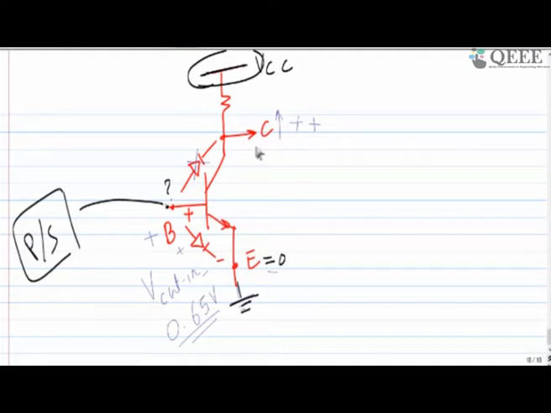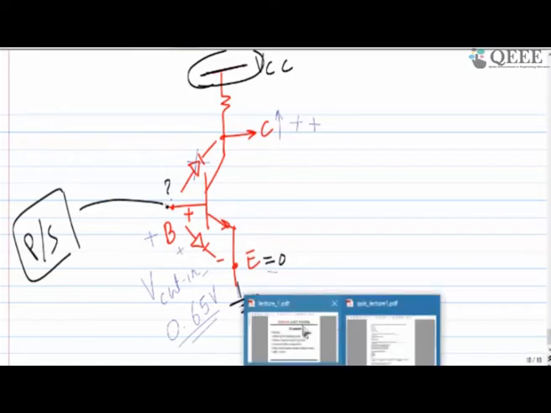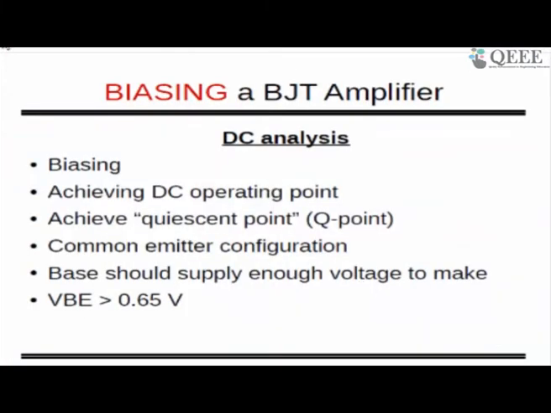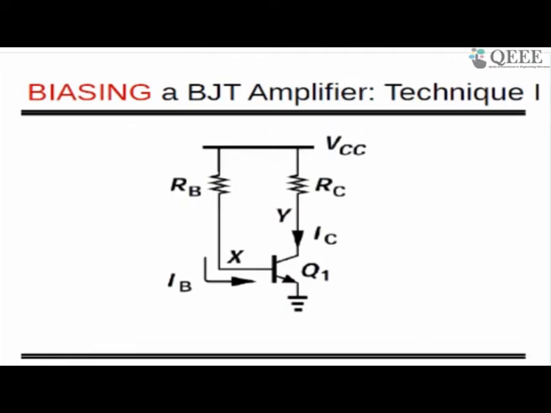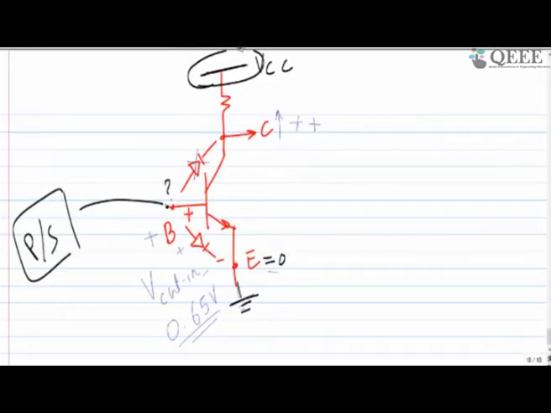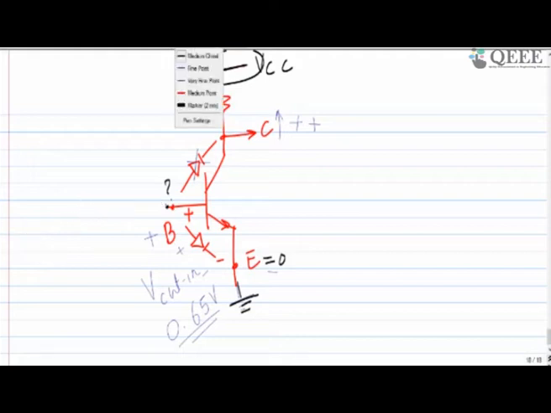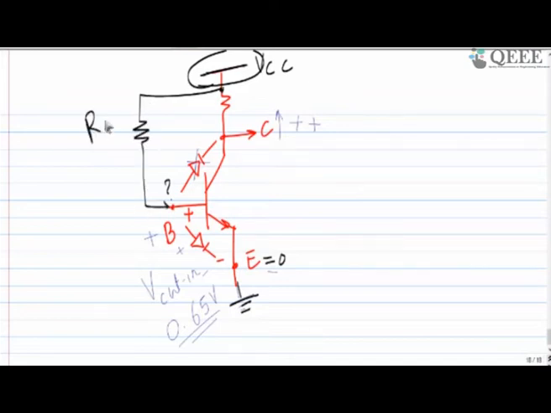You should reuse whatever is available with you, right? So there is one technique: I connect a resistance from here to here. Let's call this one R1 resistance.